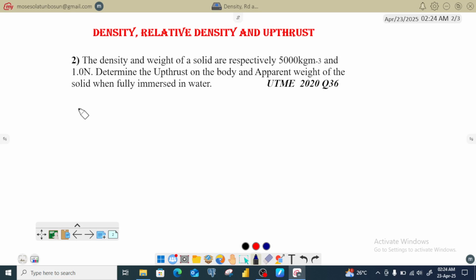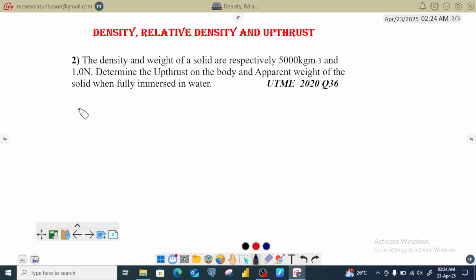So we have to find the upthrust that will act on the body when the body is fully immersed in water, and also the apparent weight of the body in the water. You all agree with me that when a solid is immersed in water, definitely there is apparent weight loss.